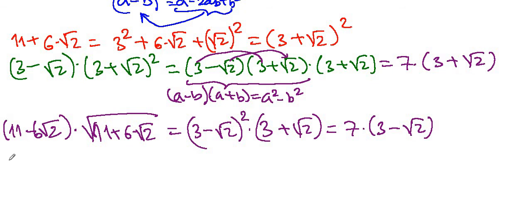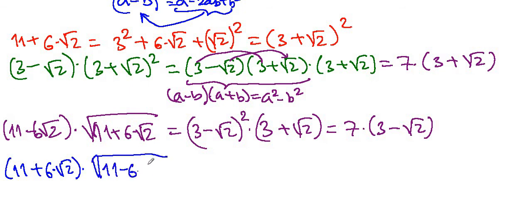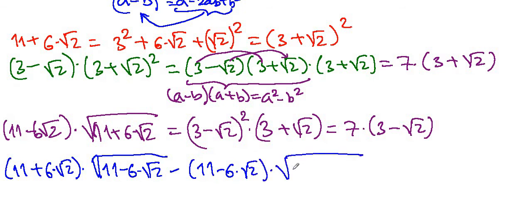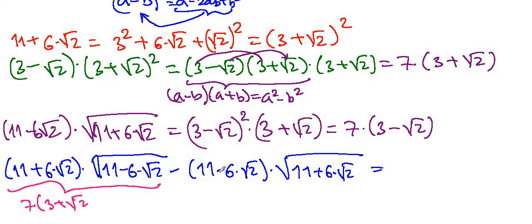As we know, the numerator is the square root of 11 plus 6 times square root of 2, times square root of 11 minus 6 times square root of 2, minus the square root of 11 minus 6 times square root of 2 times the square root of 11 plus 6 times square root of 2, and we get that this one is equal to 7 times (3 plus square root of 2), and this one is equal to 7 times (3 minus square root of 2), right?